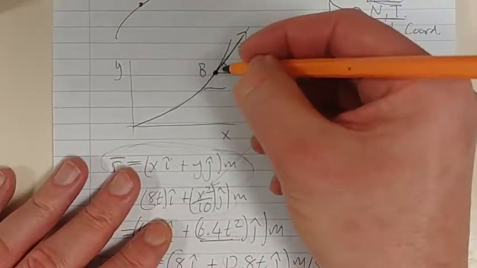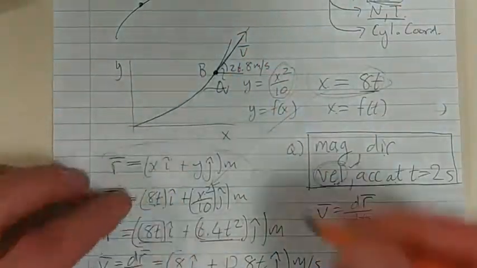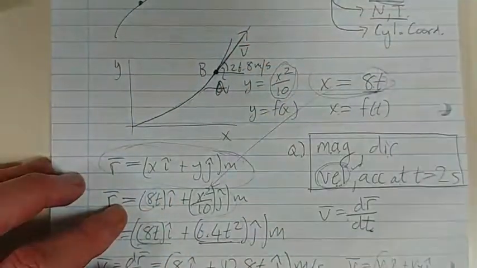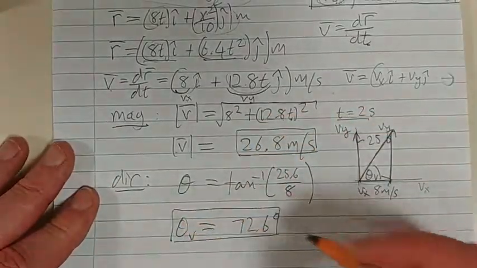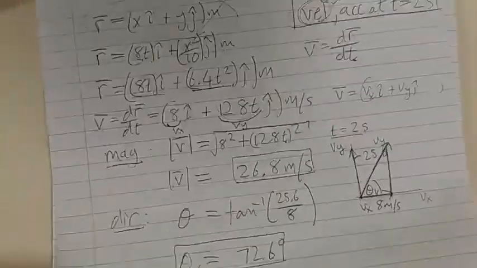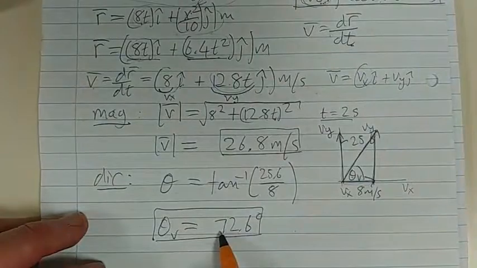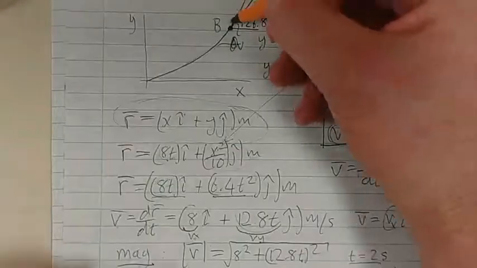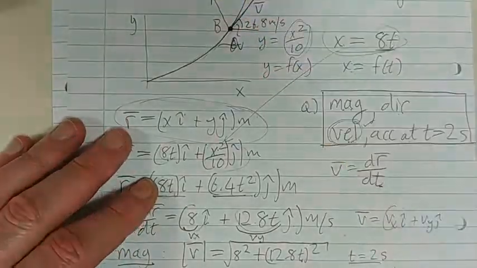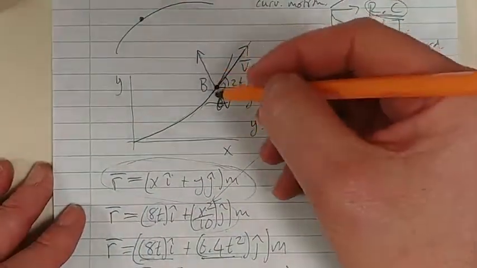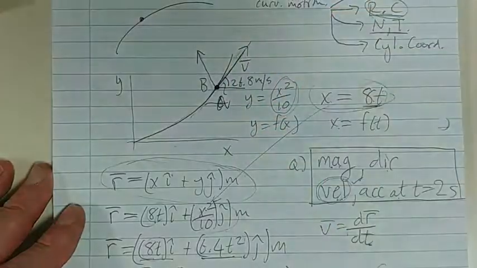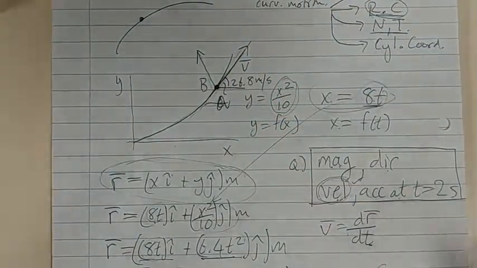That is our theta v. So we've calculated the magnitude and the direction of our velocity. As a test, if you get something like 110 degrees, meaning the velocity vector points elsewhere, then you know it's incorrect because it must be tangent to the curve. That helps as a validation.